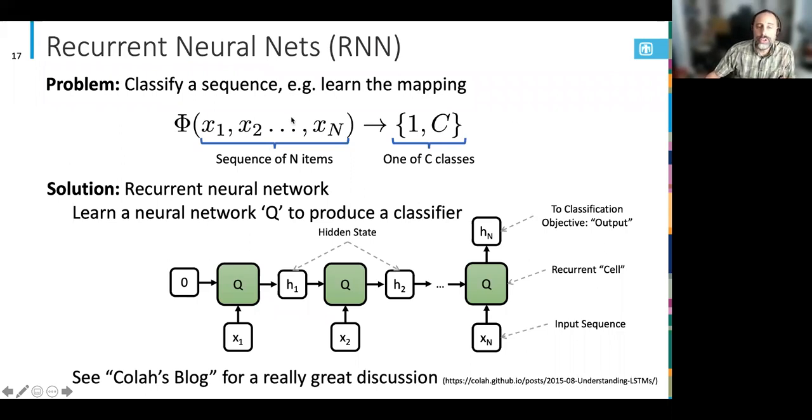And so the solution that's been come up with over several years, at least one of the solutions, is recurrent neural networks. What a recurrent neural network does is it takes as input the sequence and produces a hidden state. That hidden state is then passed to the very same neural network, and that one takes a new entry in the sequence and then passes it along.